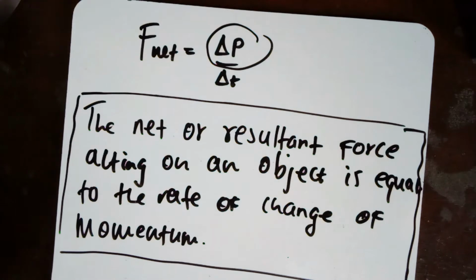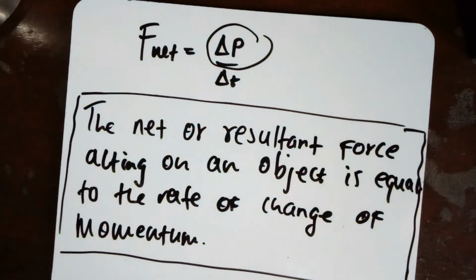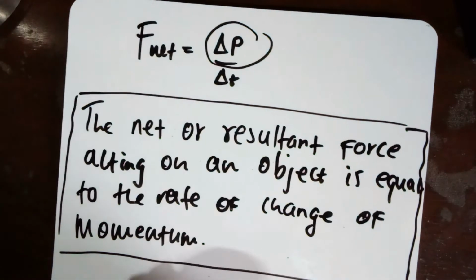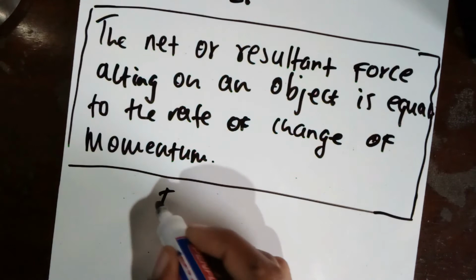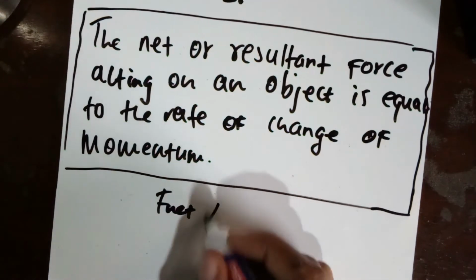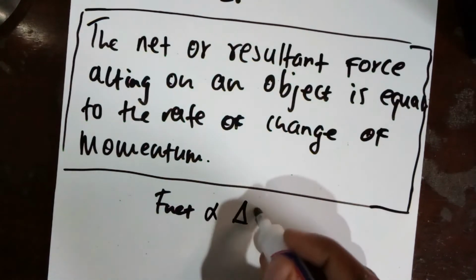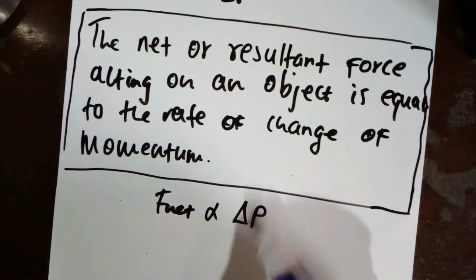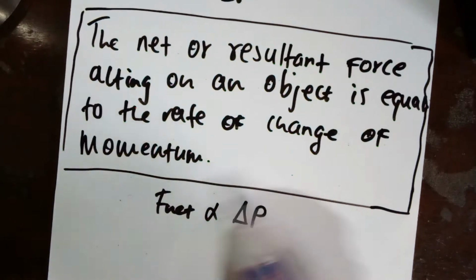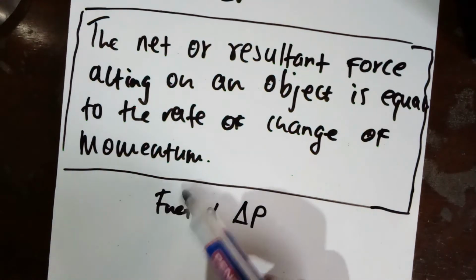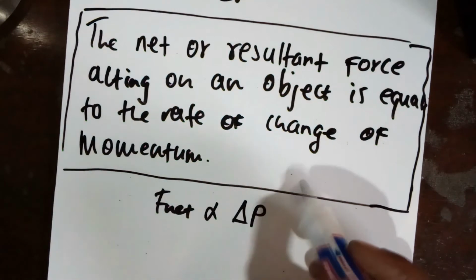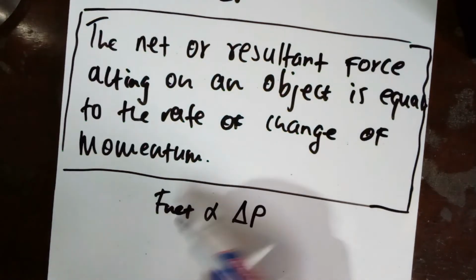The second thing I want us to talk about is the fact that this F net is directly proportional to the change in momentum. So if the change in momentum of the system increases, the total net force will also increase. If it decreases, the total net force will also decrease.